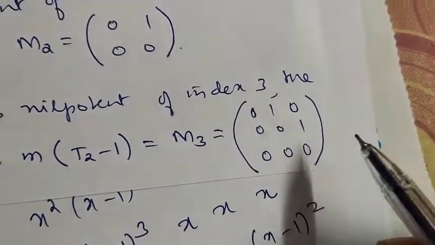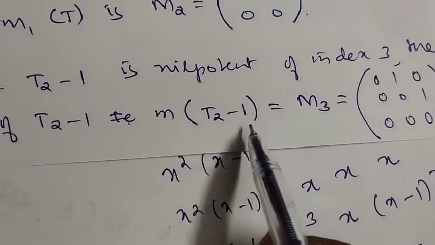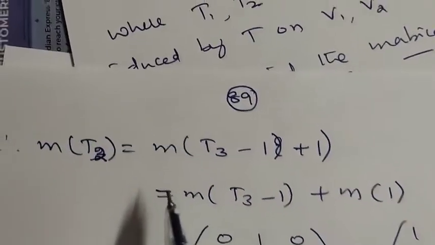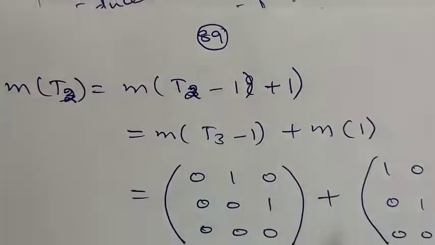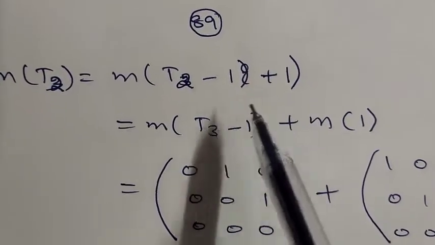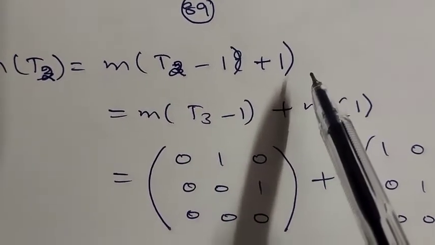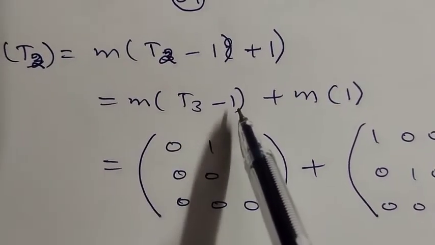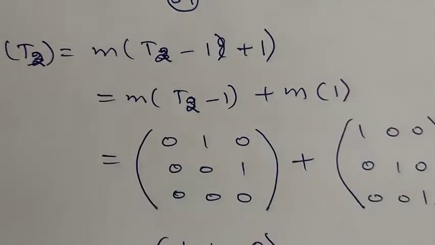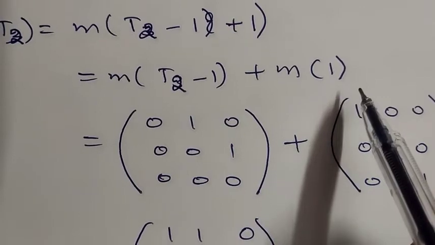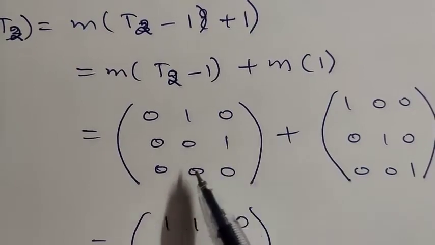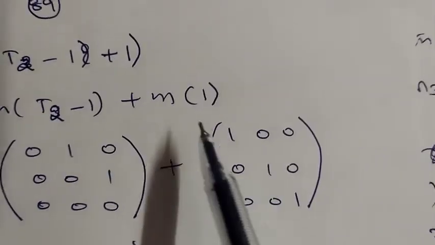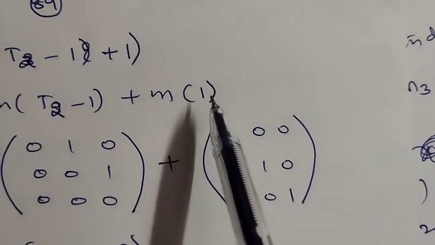But actually I need the matrix of T2, not T2 minus 1. So the matrix of T2 can be written as the matrix of (T2 minus 1) plus 1, since the matrix of A plus B is the matrix of A plus the matrix of B. The matrix of T2 minus 1 is M3, plus the matrix of 1, which is the 3 by 3 unit matrix.